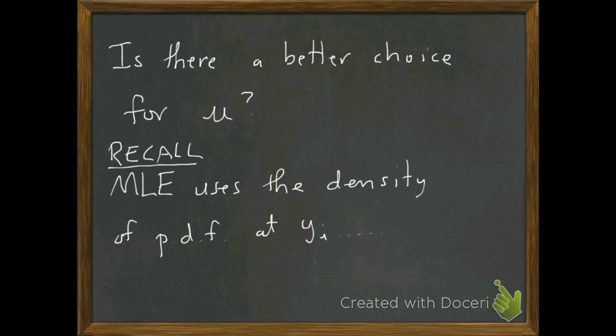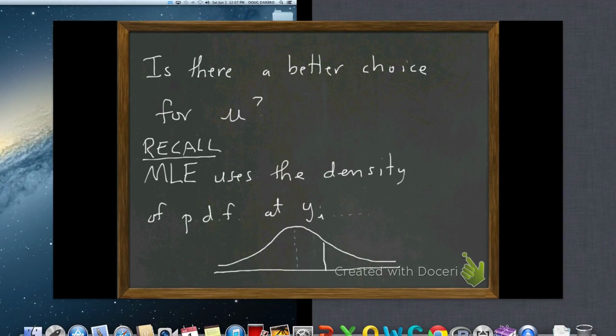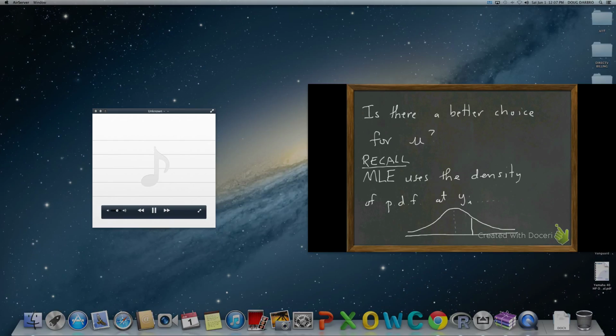Ultimately, guys, for a particular mean and y sub i, the density of a particular point would be basically the height of the line, and the observation is more likely.